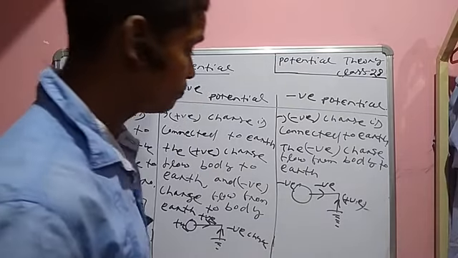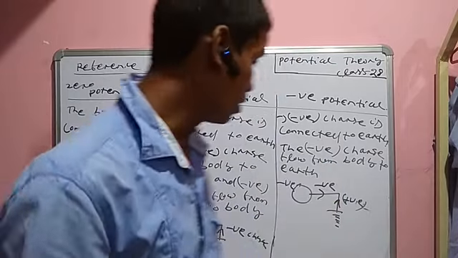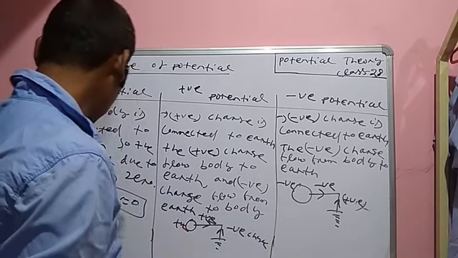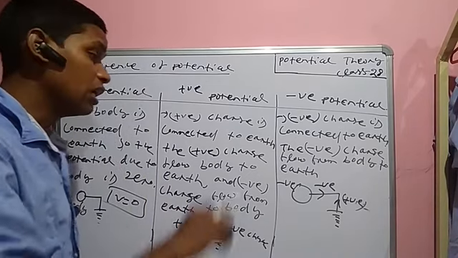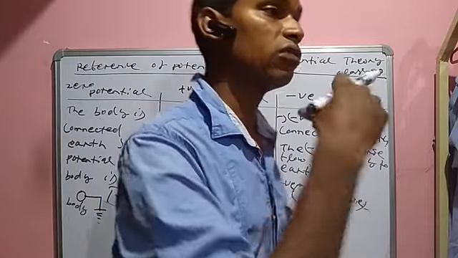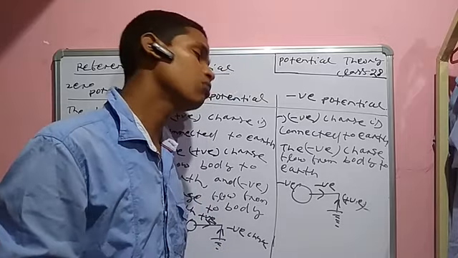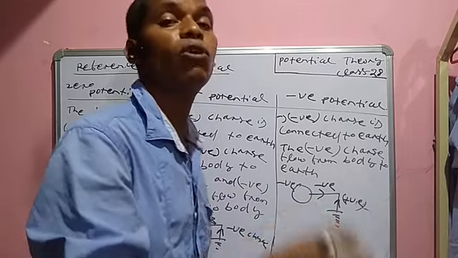You have to remember this. This body may be positive or negative, but it is always zero potential because it is connected to Earth. Which body is connected to Earth? Then such a body has zero potential.